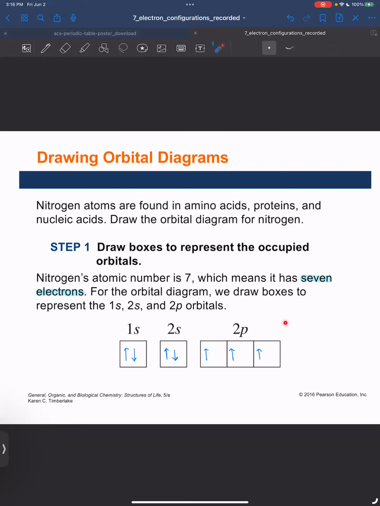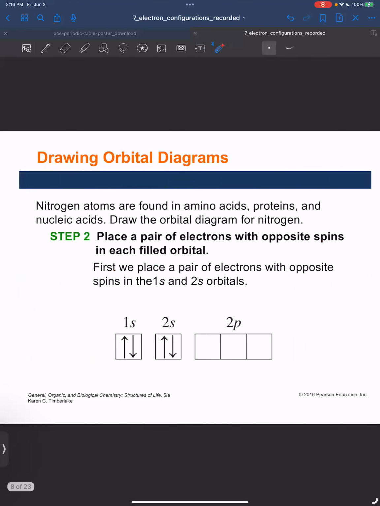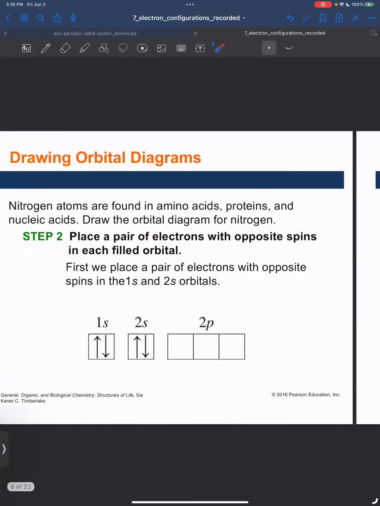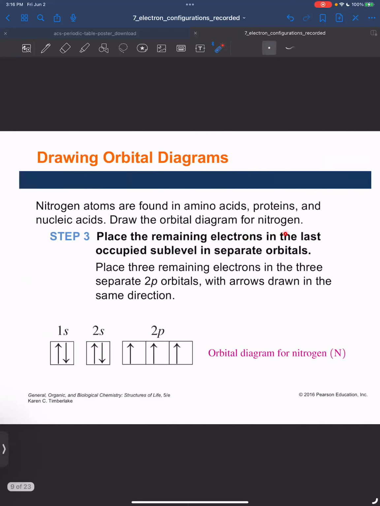So this is the orbital box diagram for nitrogen, and the number of electrons should equal the number of arrows drawn. As you saw here, we already placed a pair of electrons with opposite spins in the filled orbital, and then we placed the remaining in the last occupied sublevel, which is the 2p sublevel, and we half fill them first in separate orbitals, in separate rooms.